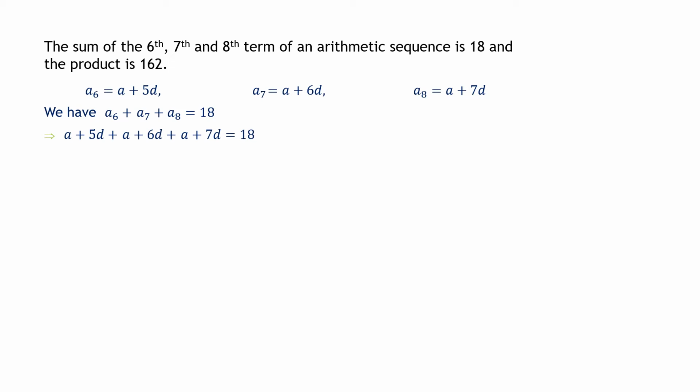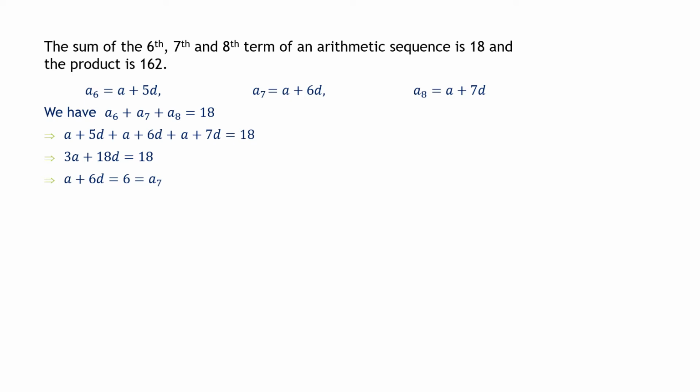Now a plus a plus a is 3a and 5d plus 6d plus 7d is 18d. So we have 3a plus 18d equal to 18. Dividing the whole equation by 3, simplifying it, we will have a plus 6d equal to 6. So dividing 3a by 3 we have a, dividing 18d by 3 we have 6d, dividing 18 by 3 we have 6. So we have simplified the equation to a plus 6d equal to 6.